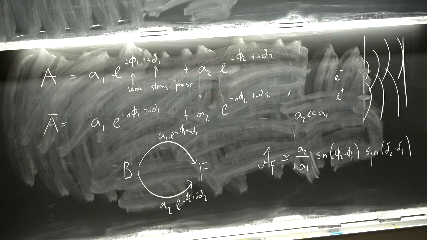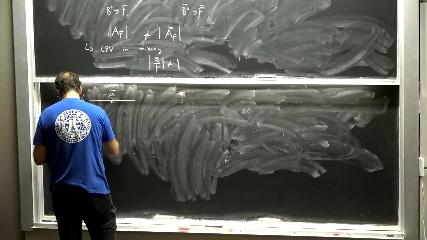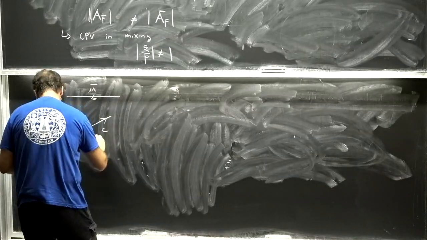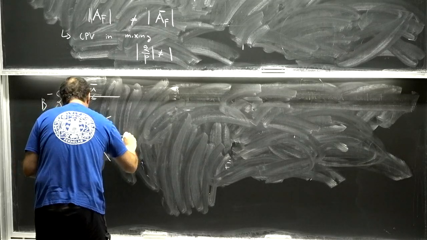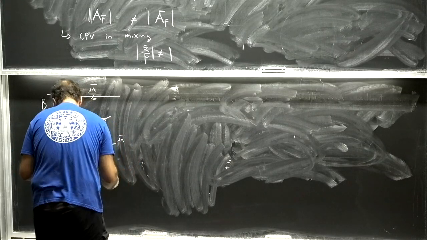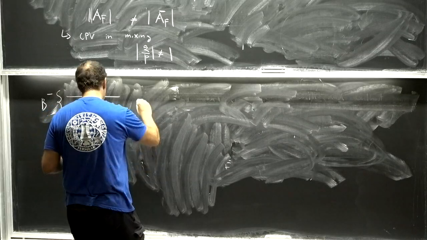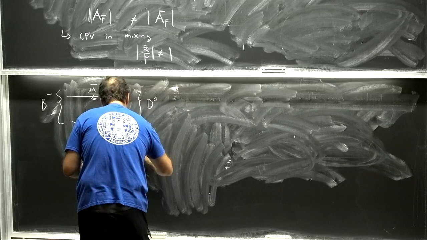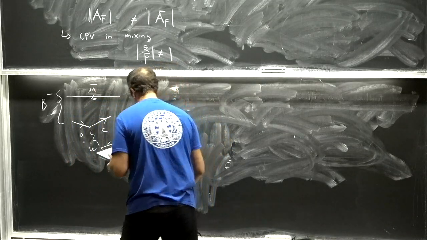So I had a B minus, which was U bar B, C, the W, U bar S bar, D0, K minus, and then there was another diagram.